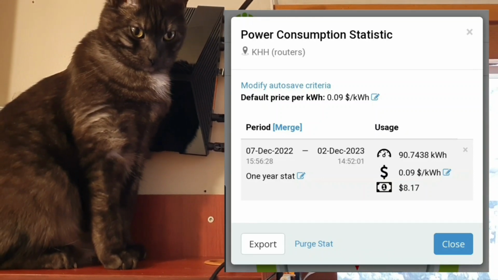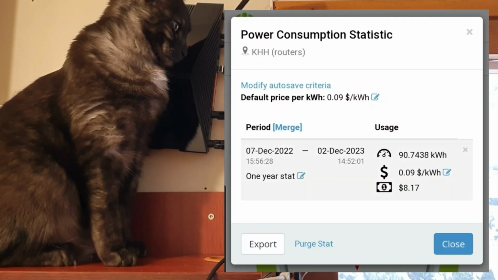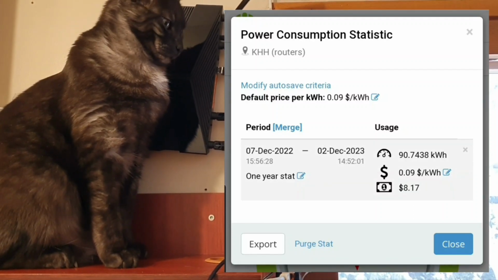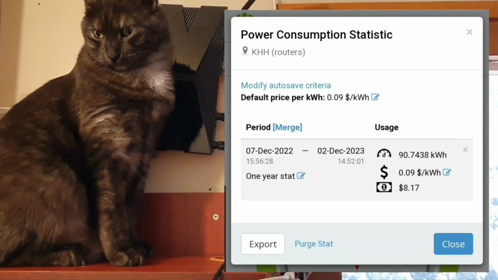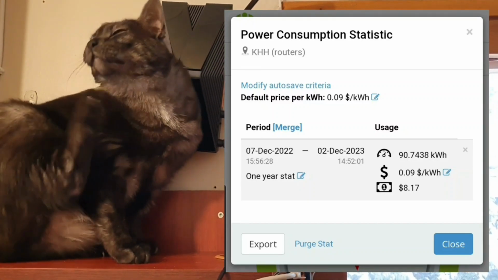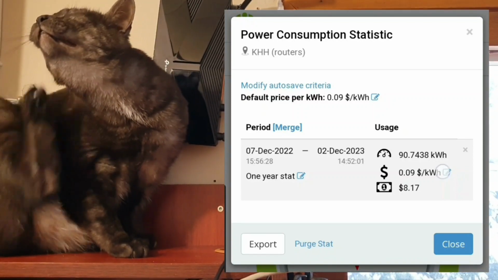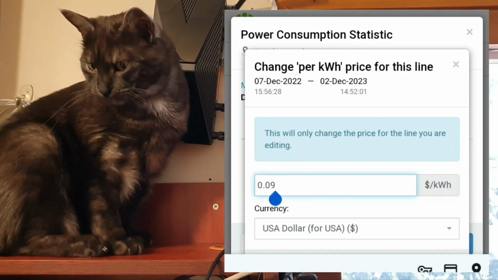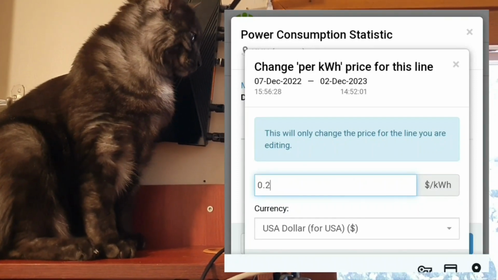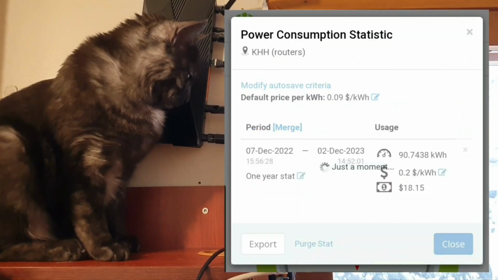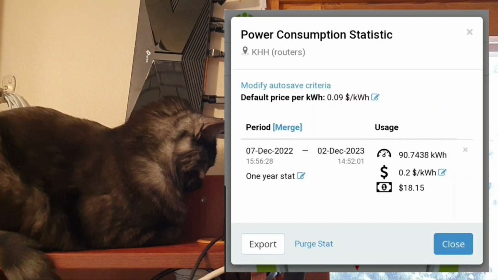You can change default prices either here, or you can change them per line. That is quite smart, because if over time prices are changed or you want to modify them, you can just change them here. Well, let's see, this way. Save, and you can see the price immediately.